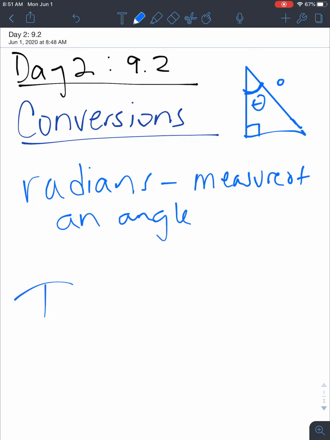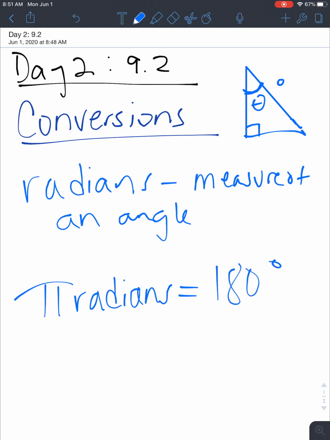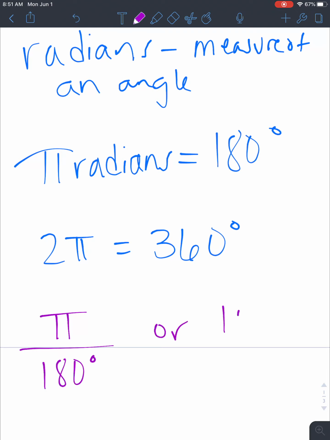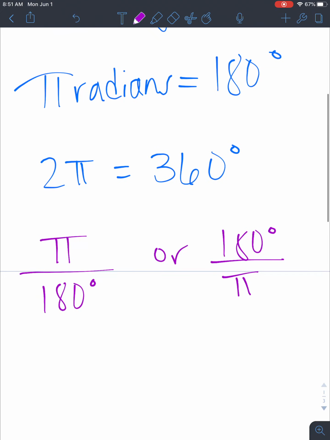And pi radians is equal to 180 degrees. And 2 pi radians is equal to 360 degrees. So in order to convert between radians and degrees, you multiply by pi over 180 or 180 over pi, depending on what you start with.